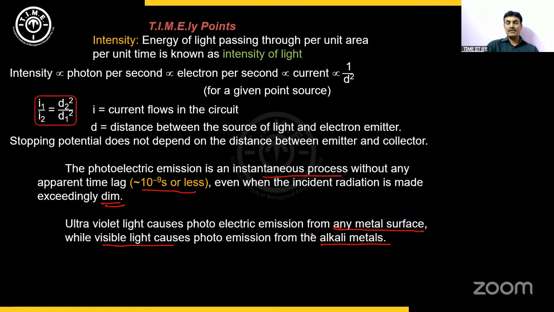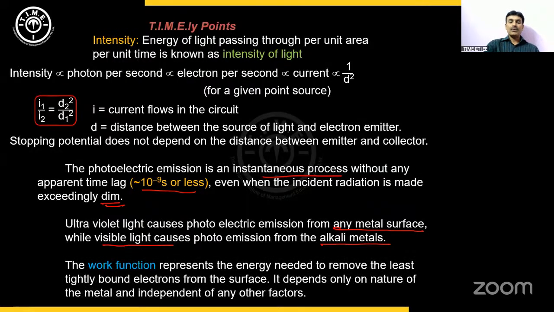Note the difference. Make a note of this point in your notes. UV light can cause photoelectric effect from any metal surface, but visible light can release the electrons from alkali metals only. Understood?